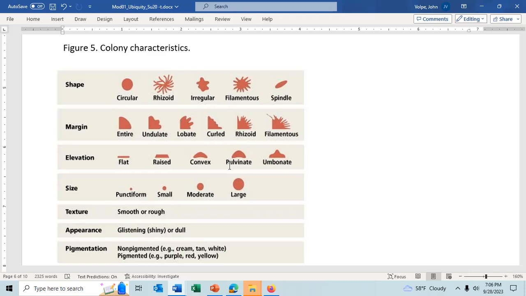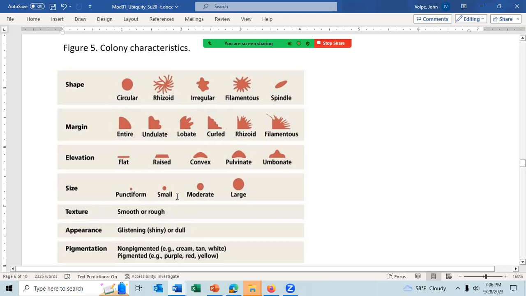You can also distinguish the texture of the colony. Does the colony look smooth or does the colony look rough? For some reason, which I'm not sure why, students have trouble distinguishing between a smooth colony and a rough colony. You can look at the appearance of the colony.